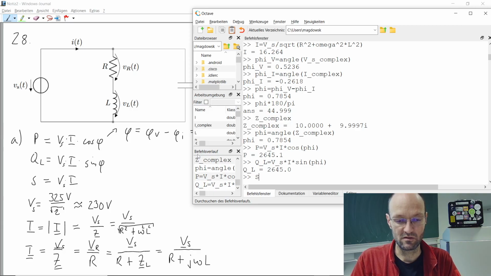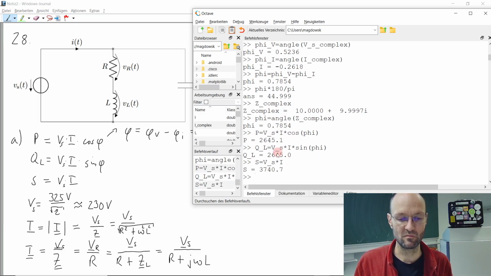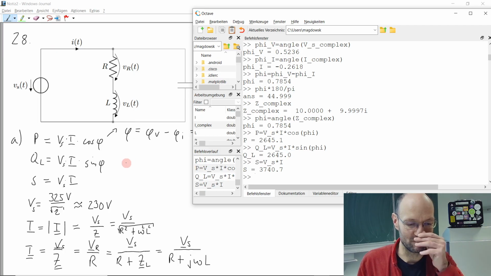And then we get also the apparent power. And of course, for 45 degrees, cosine and sine give you the same result. So that's why we get the very same number. And the apparent power is source voltage times current. And here we get a bit more. We will specify what the unit is in a second. So I will just note down the values.